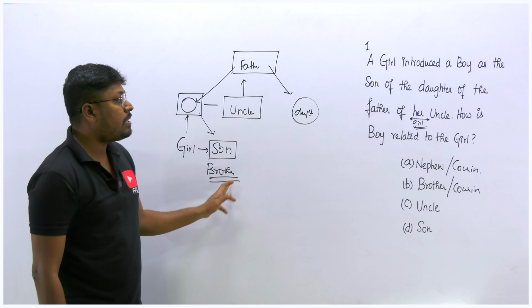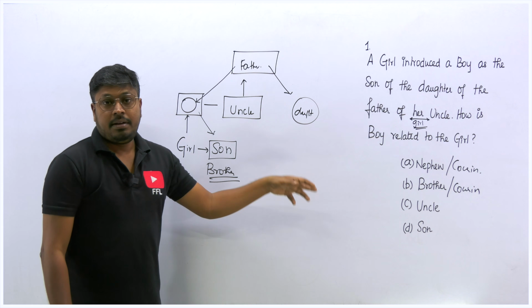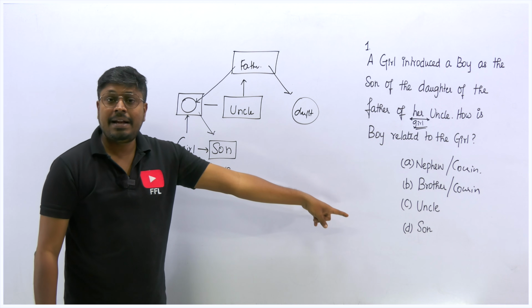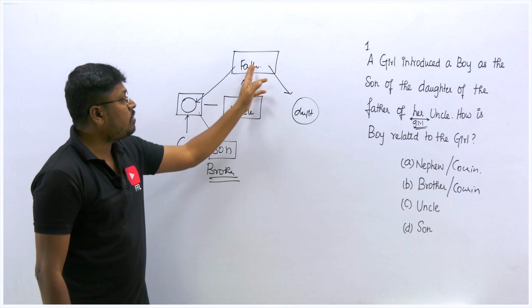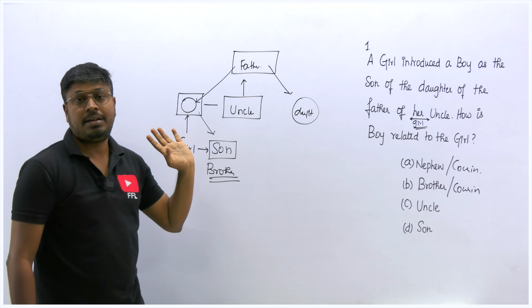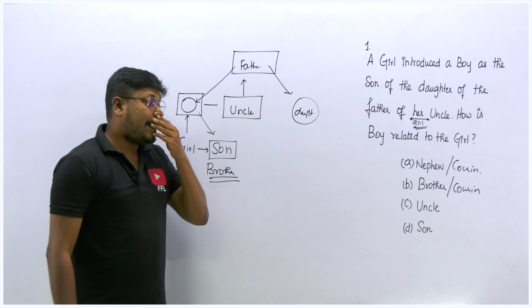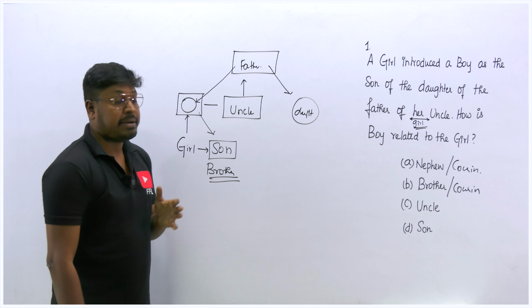Either the answer can be brother or it can be cousin. But here the options are exact, no possibility options have been given. So you don't need to draw a possible diagram, you can fix it and solve the question, right? So the answer for the first question is brother.